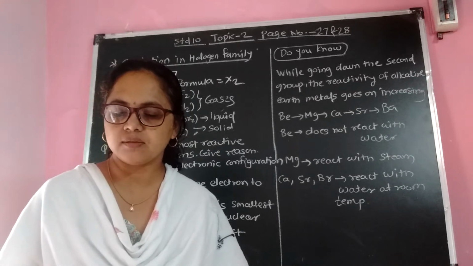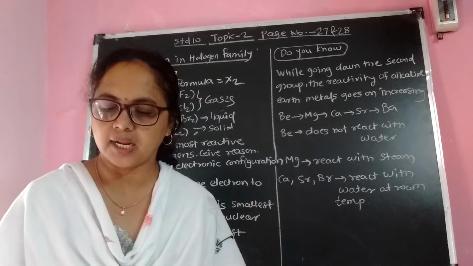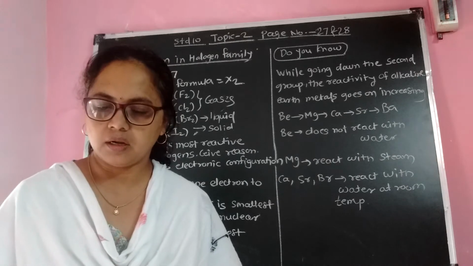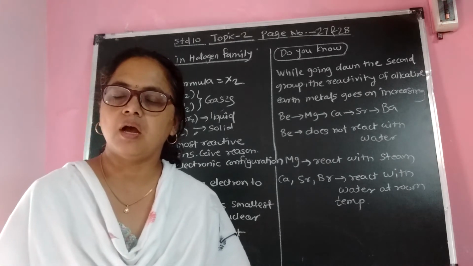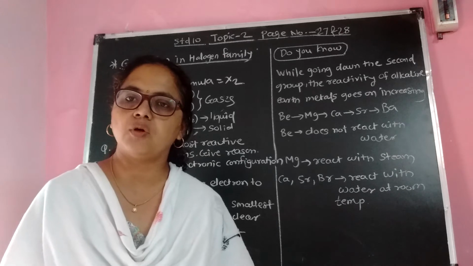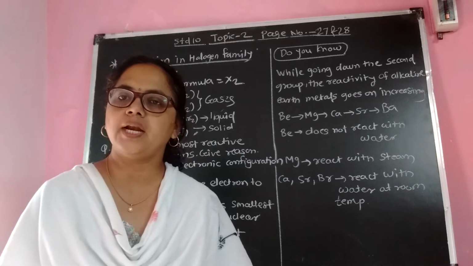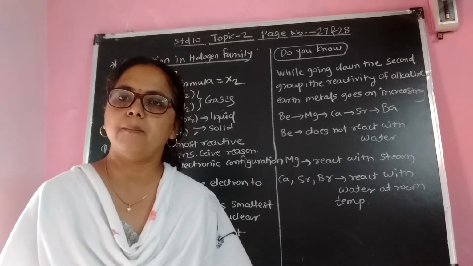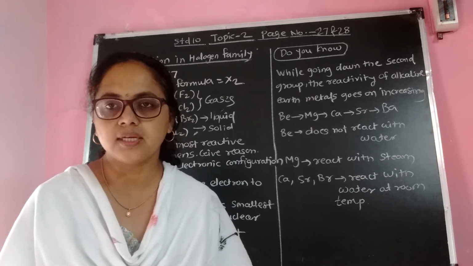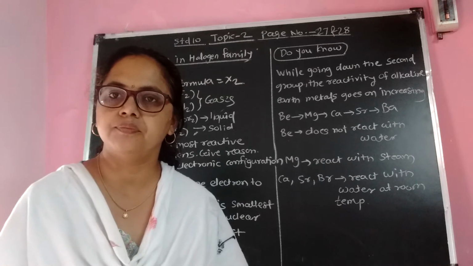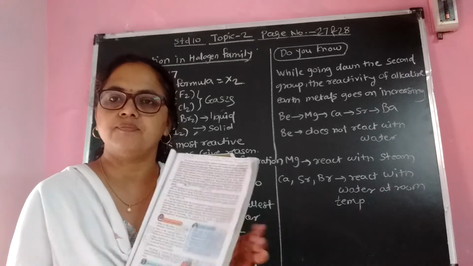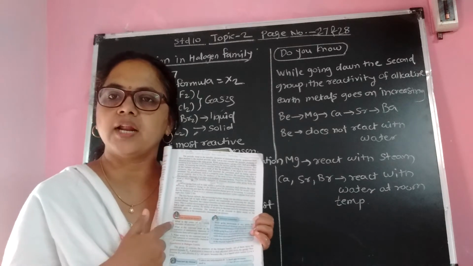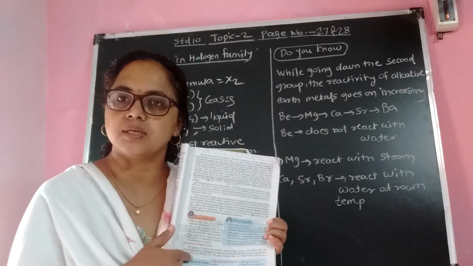Then question 3 is, what would be the expected trend in the variation of non-metallic character of elements down a group? The answer is, when we go from top to bottom in a group, non-metallic character of elements goes on decreasing. That is, metallic character goes on increasing from top to bottom in a group. The same information is given in this box. Always remember. From that you can write the answers of these 3 questions.